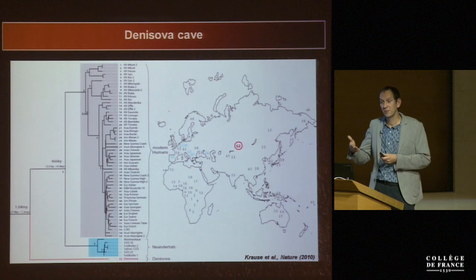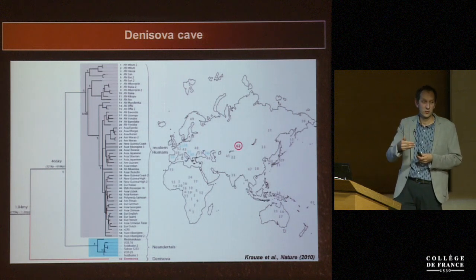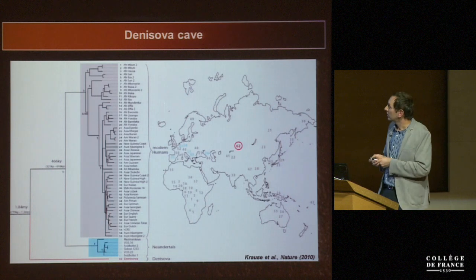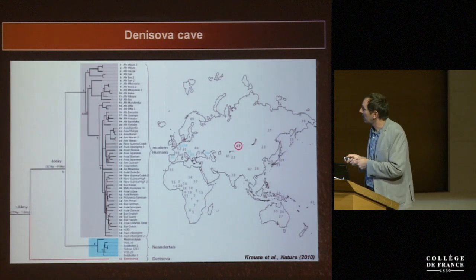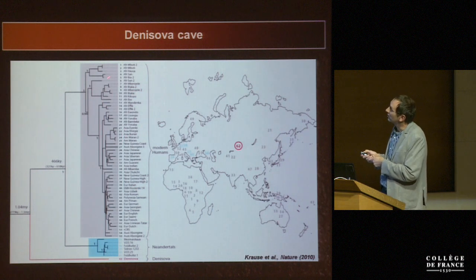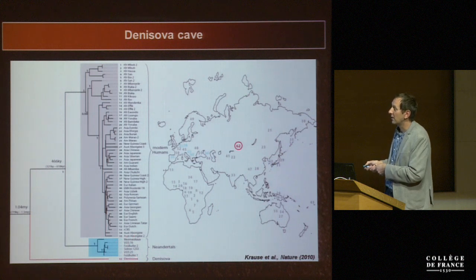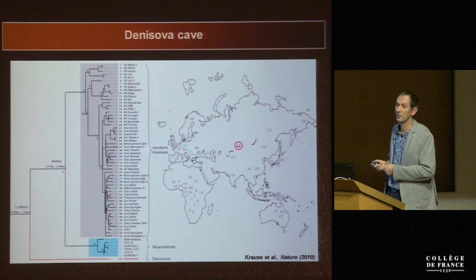Because, as I've shown you, at the mitochondrial level, it's very easy to separate Neanderthals from modern humans. And doing this, we found that the sequence of this finger bone did not fall within the variation of modern humans living today. And it also did not fall, to our surprise, into the variation of the Neanderthals that we know, but it created a basal branch, a branch that is very different from all the humans and Neanderthals we've seen.